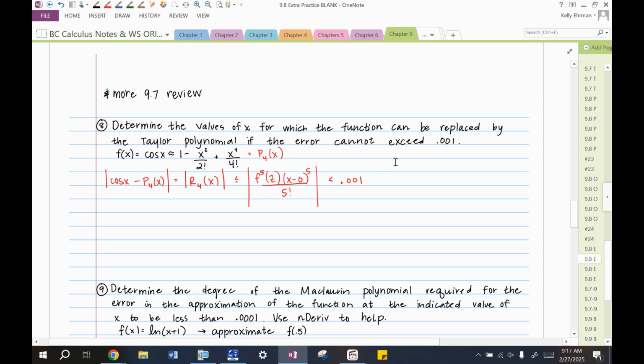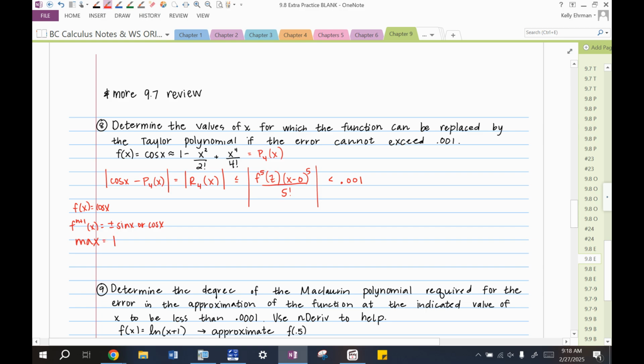Now remember, this is a nice one because if f of x is cosine x, it means that f of n plus 1 will either be plus or minus sine or cosine. And so the max value for sine or cosine, no matter whether it's plus or minus, is its amplitude. So the max is 1.